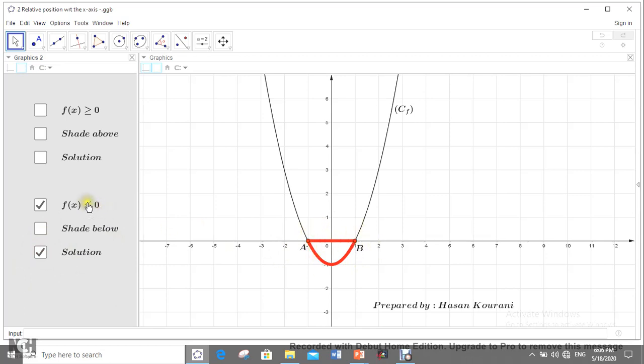In case we don't have or equal, f of x less than 0 strictly, just exclude both points, -1 and 1. The boundary is -1 and 1.